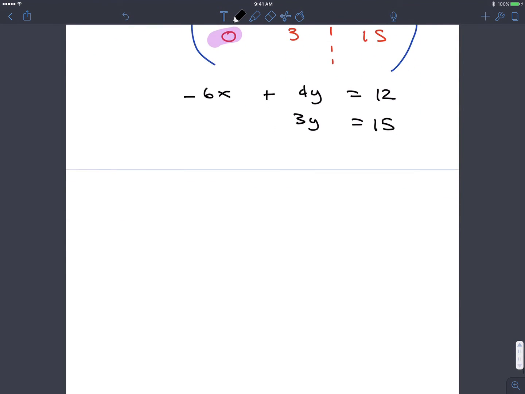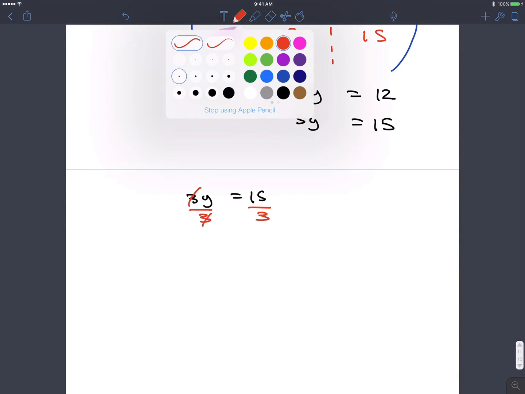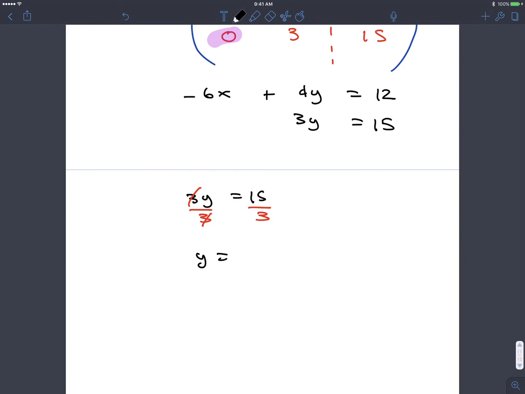Okay. So now we use the fact that 3y is 15, and we're going to solve this for y. Divide both sides by 3. We get cancellation. 15 divided by 3, this is 5.